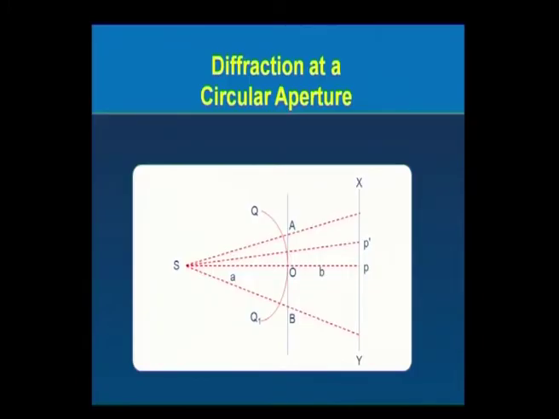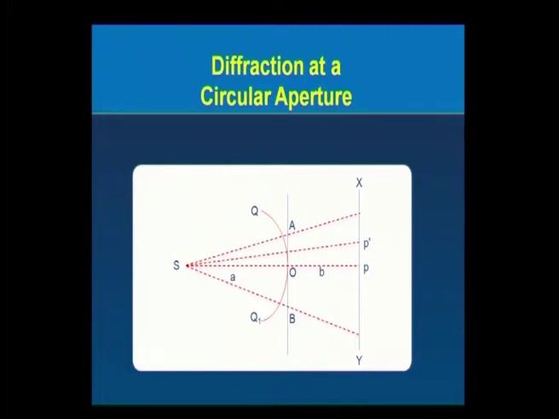These patterns on the screen can be explained only on the basis of diffraction, and the intensity variations can be explained only by constructing half period zones with P as the center. Now, we have P prime as the point where the intensity is to be obtained. So, with P prime at the center, you have to draw again the spheres with differing radii and construct half period zones. We will come to that.